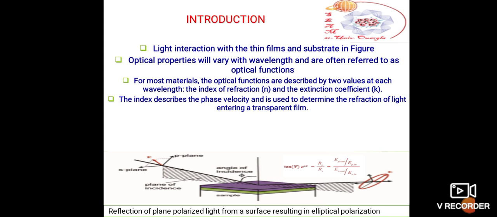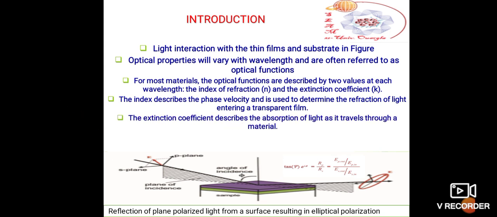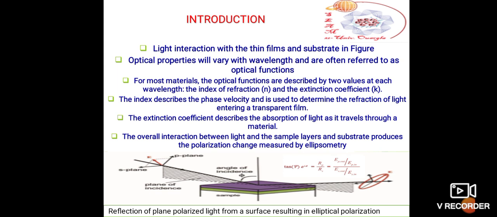The index describes the phase velocity and is used to determine the refraction of light entering a transparent film. The extinction coefficient describes the absorption of light as it travels through a material. The overall interaction between light and the sample layer and the substrate produces the polarization change measured by ellipsometry.